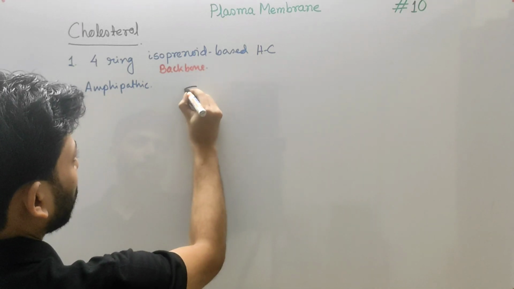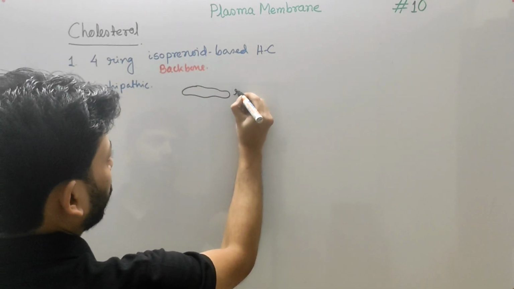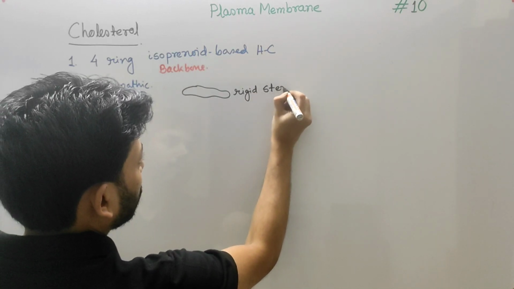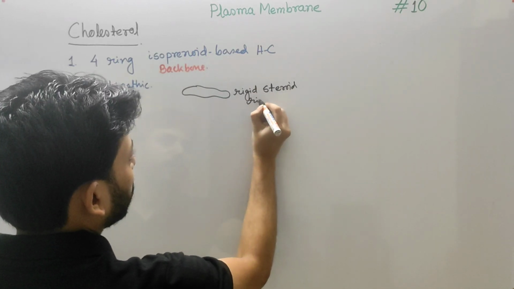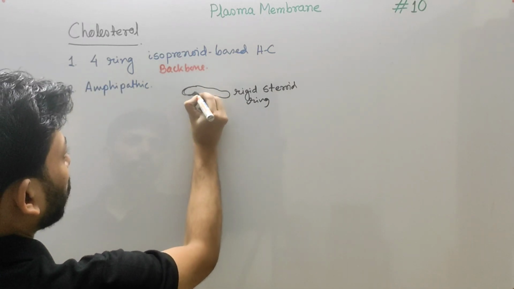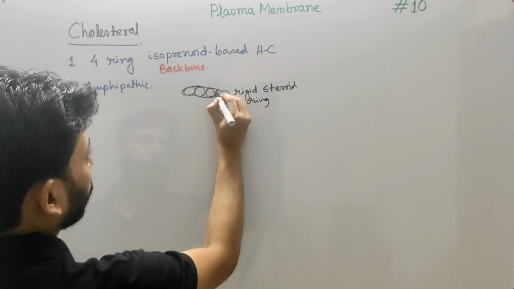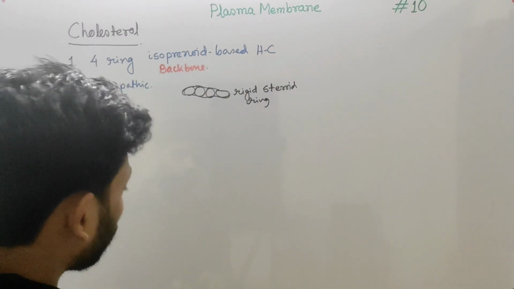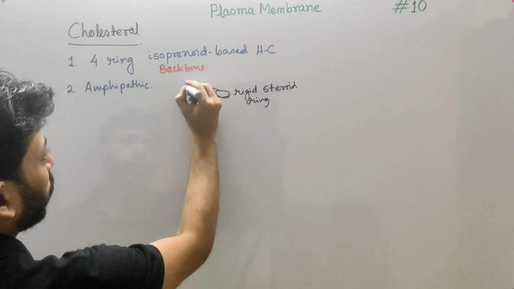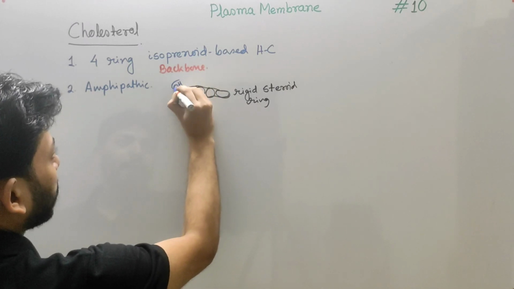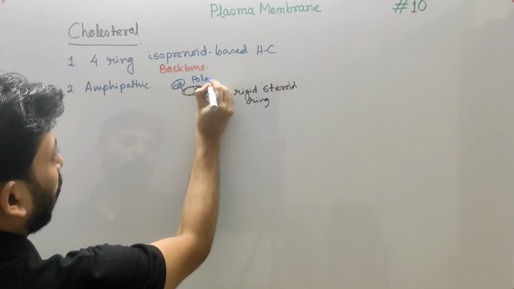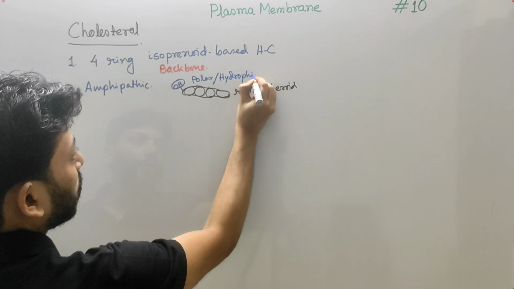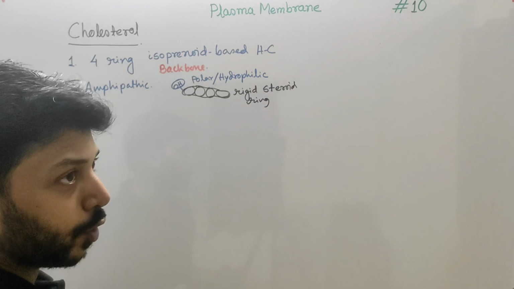Let's suppose this is the rigid steroid ring, that means this is the isoprenoid ring. Let's suppose this is the 1, 2, 3 and 4 isoprenoid ring, rigid steroid ring. In case of cholesterol, one hydroxyl group is present that acts as a polar or hydrophilic portion of the molecule.